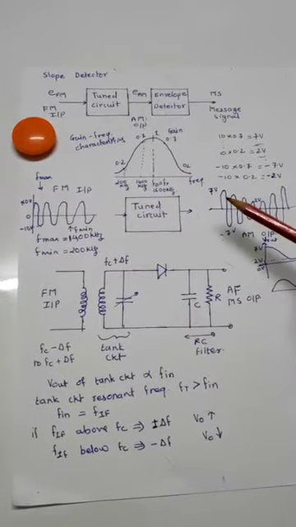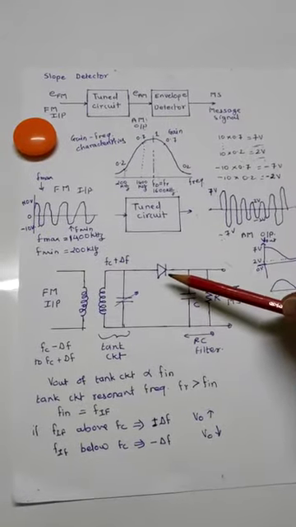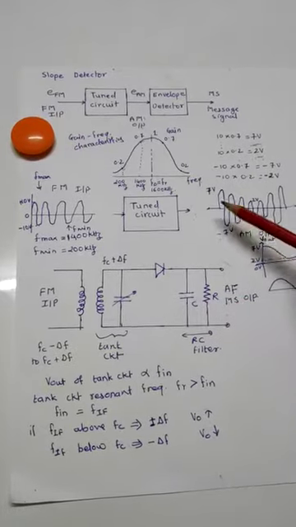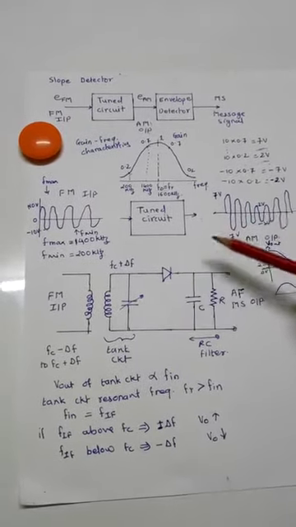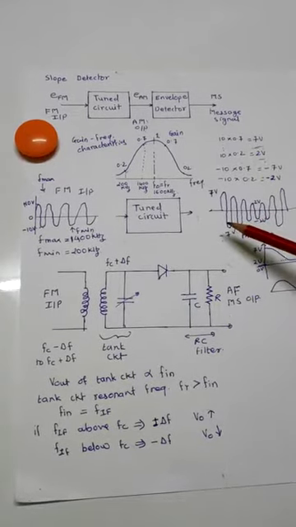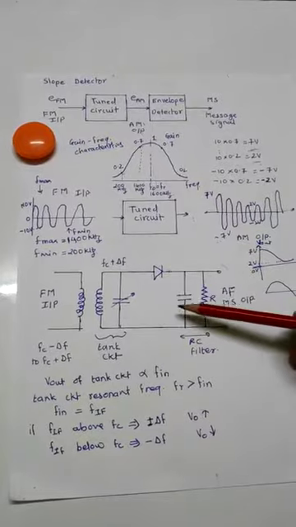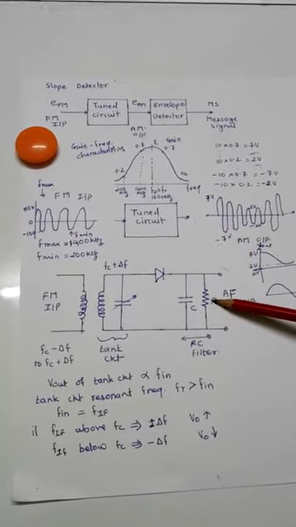For the positive half cycle of the AM signal, this diode acts as a closed switch, and this capacitor is charged to the peak value of the positive half cycle. For the negative half cycle of the AM signal, this diode acts as an open switch, and this capacitor discharges slowly through the RL load resistor.